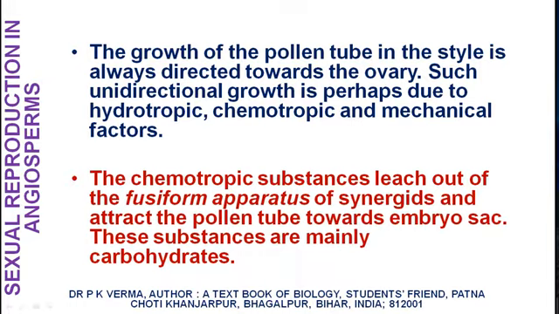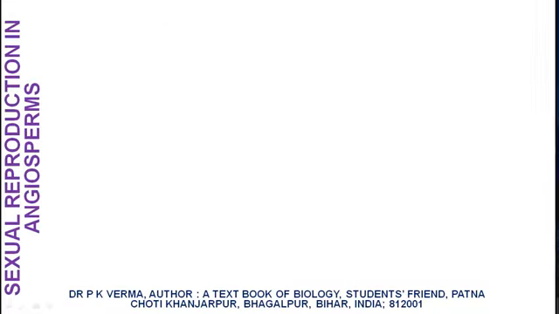It has been seen that the two synergid cells that have finger-like structures or the filiform apparatus secrete certain carbohydrates, mainly monosaccharides, that attract the pollen tube and help its growth towards the ovule, especially towards the micropyle.